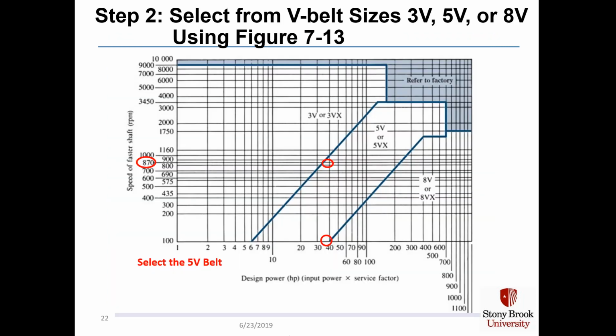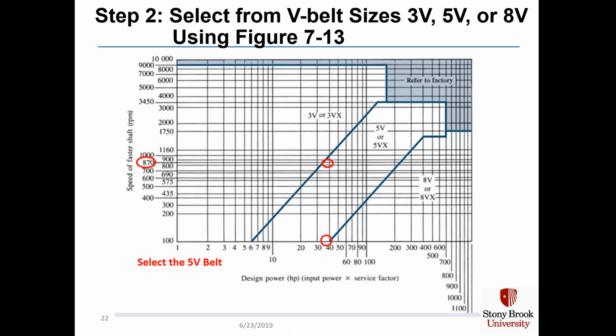We then select the V-belt size from either 3V, 5V, or 8V, and that's done by determining on the x-axis your design power, which in our case is 37.5. You then read up with the 37.5 and find where it intersects the speed on the y-axis of your motor shaft, which in our case was 870.